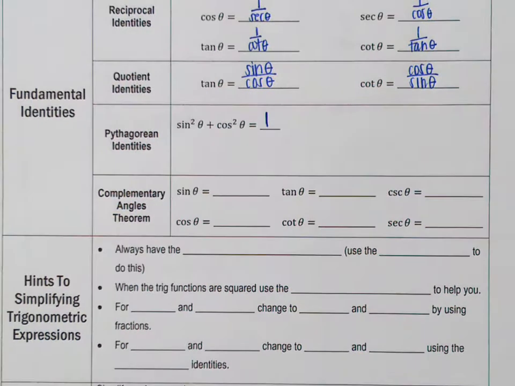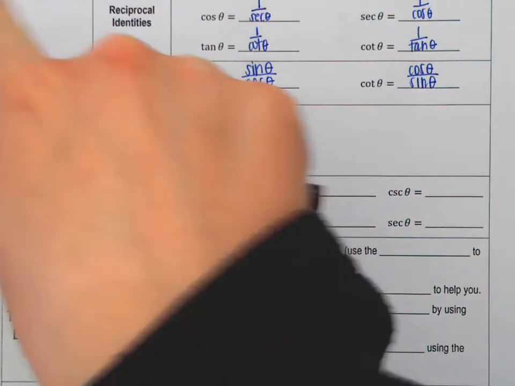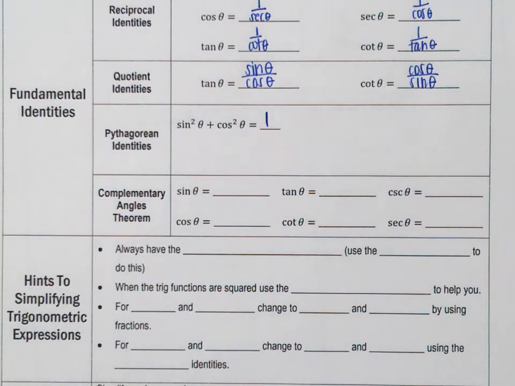Now, we can also manipulate this, and I'm going to show you on the whiteboard how. I don't write these in our notes because you can write them on the side if you want, but I figure you can all manipulate them in your head.